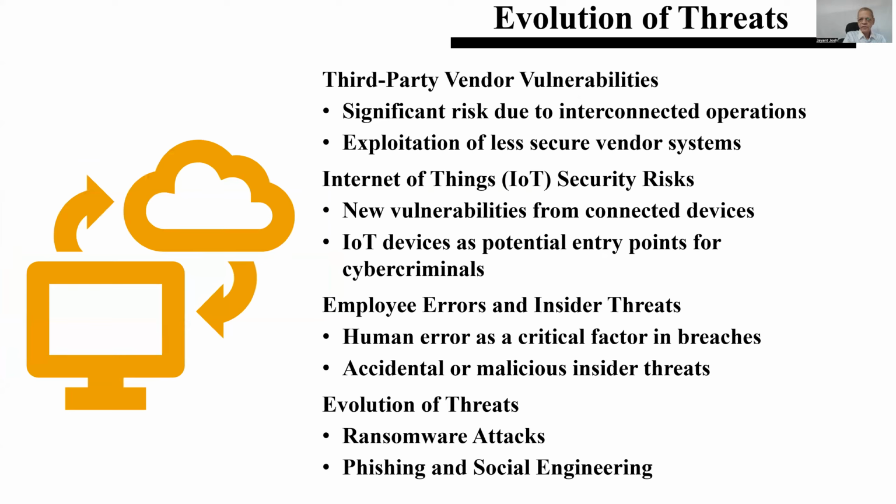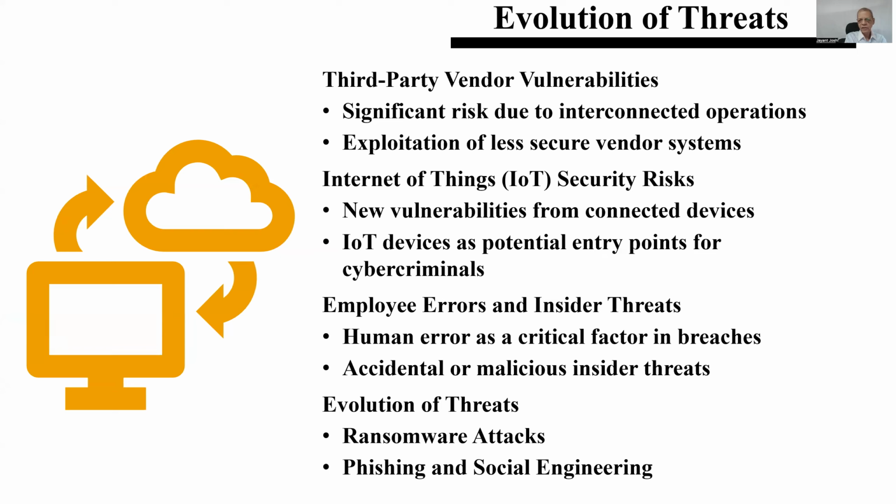There are threats mainly from third-party vendor vulnerabilities, because significant risk comes from many interconnected operations. In the entire digital supply chain management, we are connecting from the demand side and supply side to the operations side, including the manufacturing machines and the movement of material and products with IoT sensors.